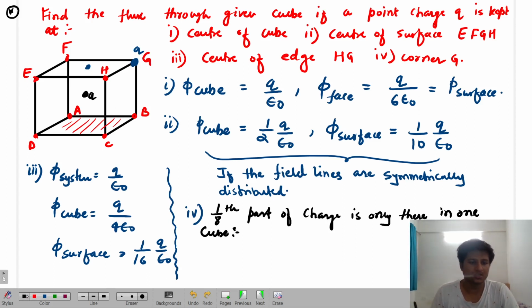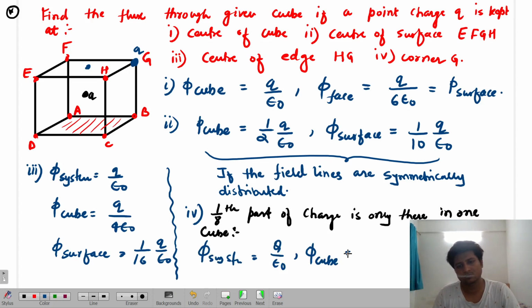So flux through the system will be q by epsilon naught, but flux through the cube will be q by 8 epsilon naught. Are you able to get me? And then when I consider over here, three faces will have field lines parallel, isn't it?